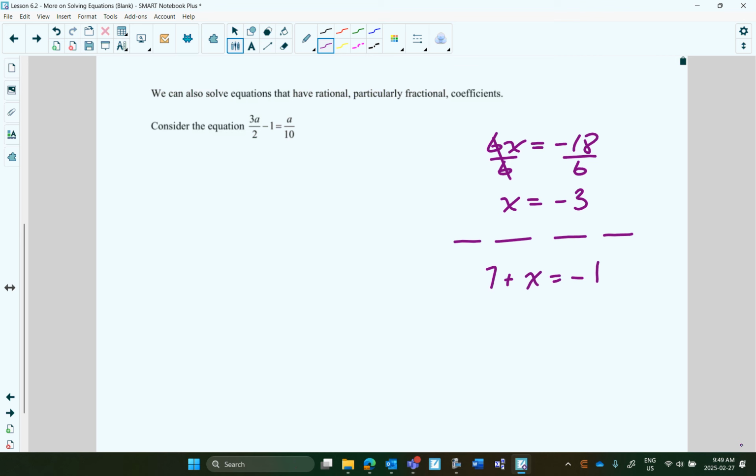What would you do to get x by itself? Subtract 7 from both sides. You get x equals negative 1 subtract 7, which is negative 8.